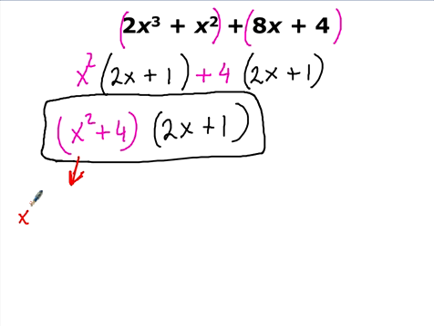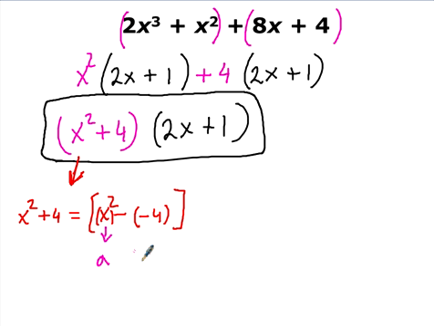I can say that x squared plus 4 is the same as x squared minus negative 4. And then I can look at this as my a, where this x would be my a, and negative 4 would be my b, so this would be a squared minus b squared.